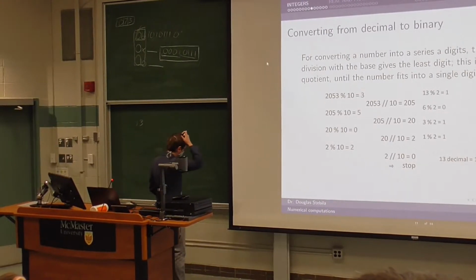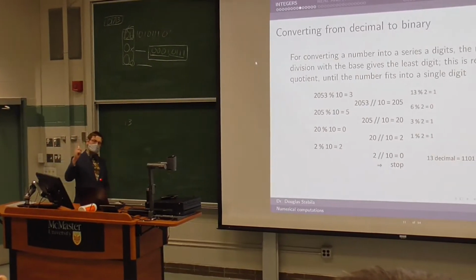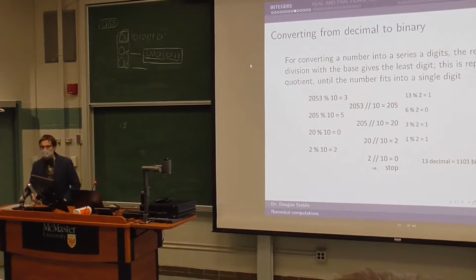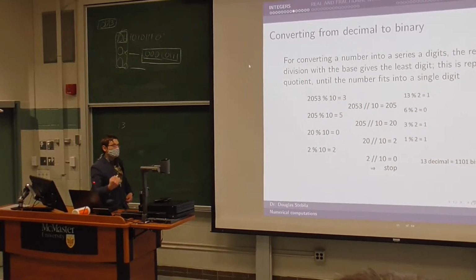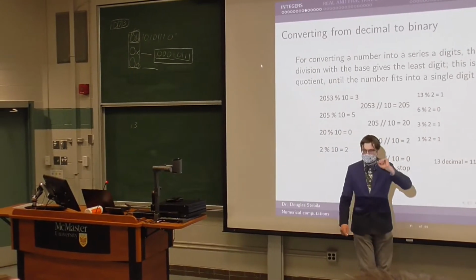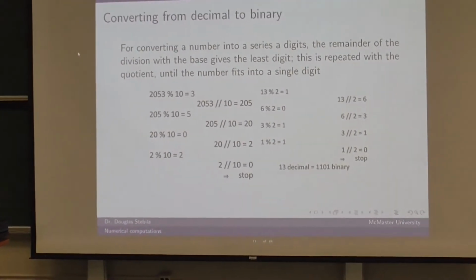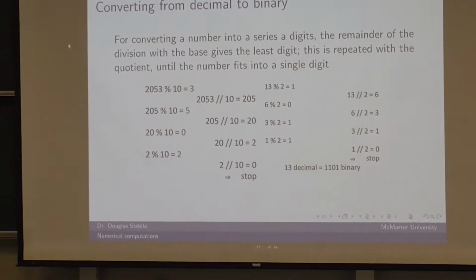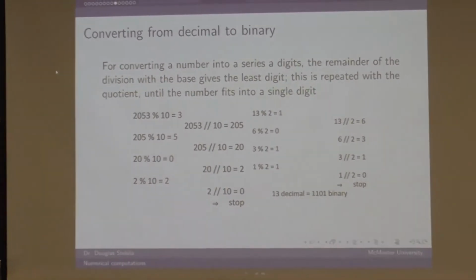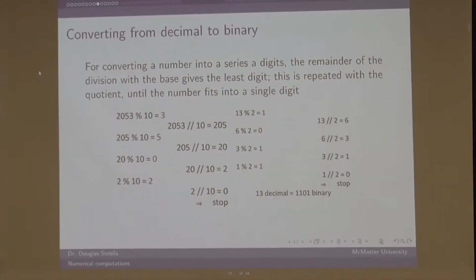So anyway, if we have this number 13 and we want to convert it, the first thing we do is isolate the least significant bit. The way we do that is by finding the remainder of integer division. Essentially, all those bits past the least significant bit will be removed by division by 2, or finding the remainder of division by 2.